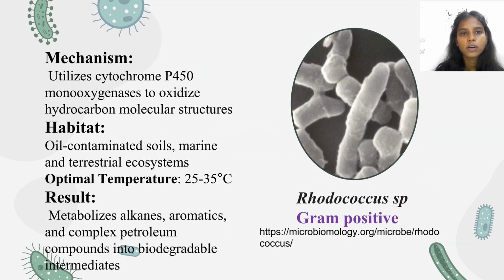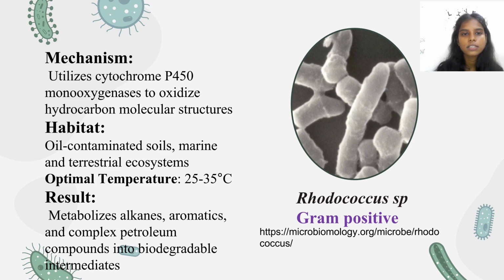The next microorganism helpful in the biodegradation of petroleum hydrocarbons is Rhodococcus species, bacteria found in oil-contaminated soils, and marine and terrestrial ecosystems. It can degrade a wide range of hydrocarbon compounds including alkanes, aromatics, and complex petroleum substances. Rhodococcus species utilize cytochrome P450 monooxygenase enzymes to oxidize the molecular structure of these hydrocarbons.